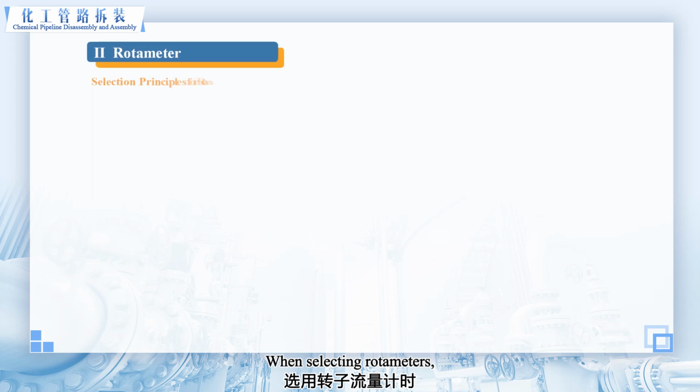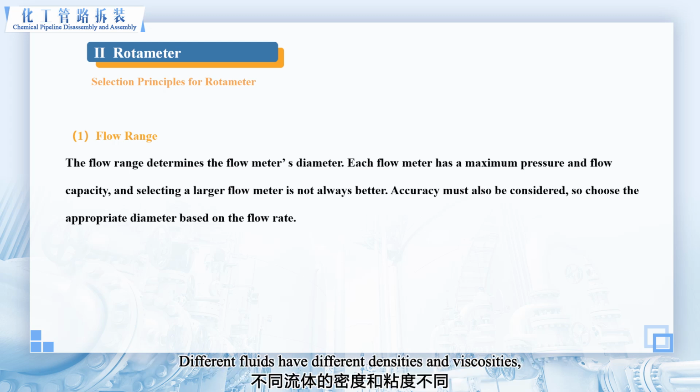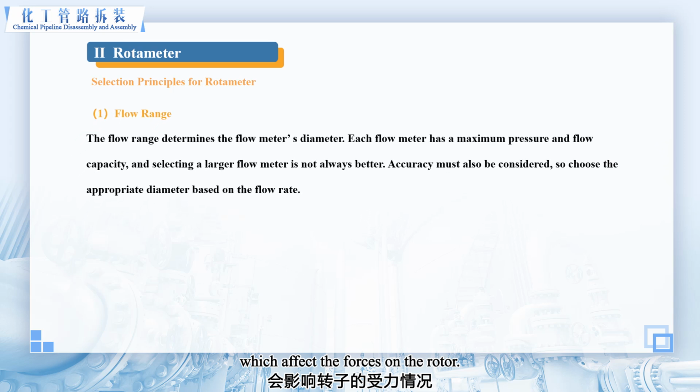When selecting rotameters, firstly, clarify the type of fluid to be measured and the flow rate range. Different fluids have different densities and viscosities, which affect the forces on the rotor.